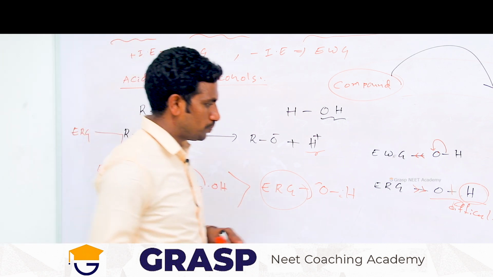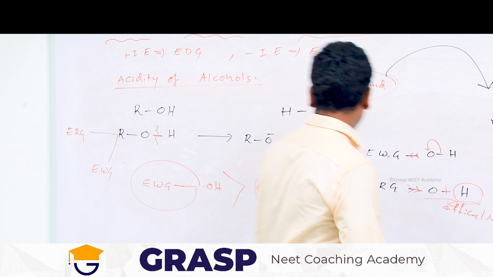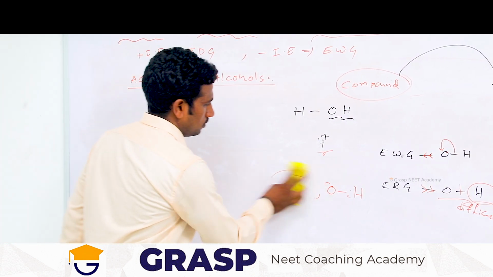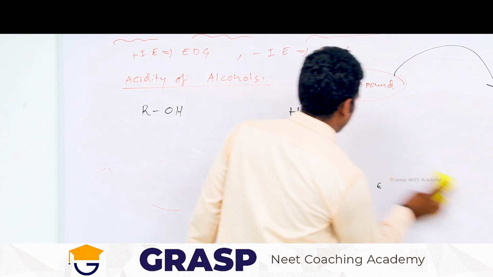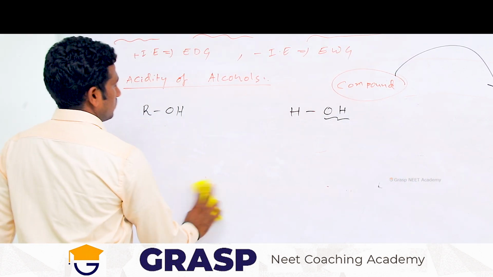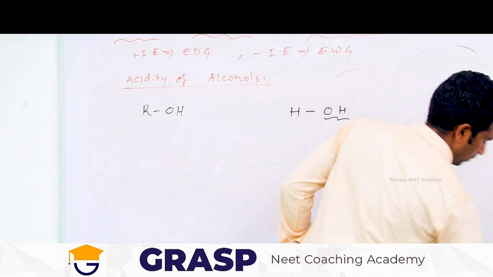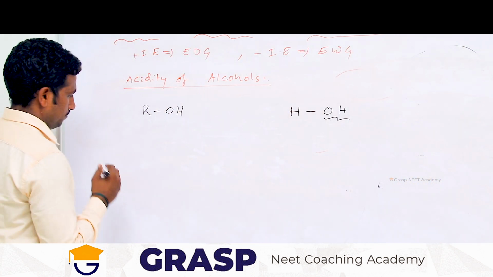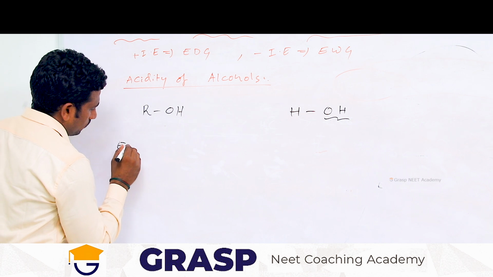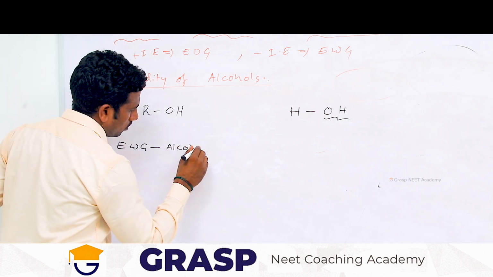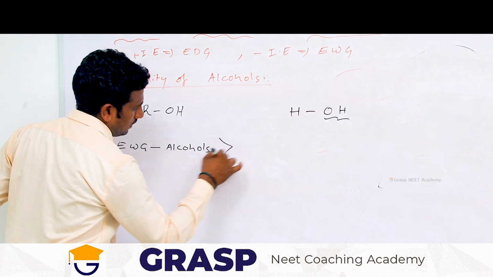So here, coming to the point, if you observe the acidity order, shall I write the acidity order? So I will write the order. Electron withdrawing group attached alcohols are more acidic in nature.